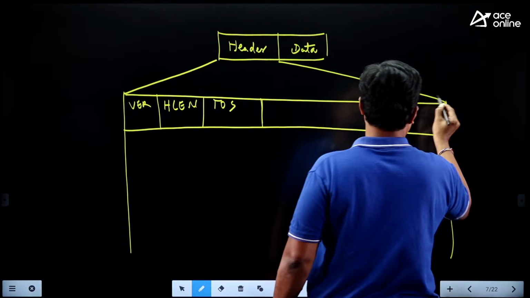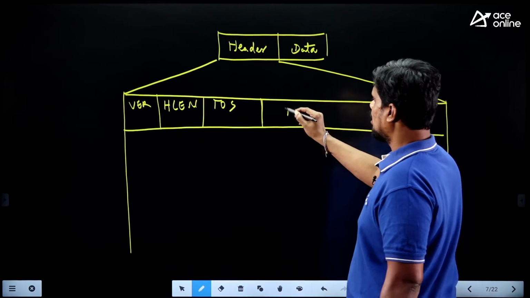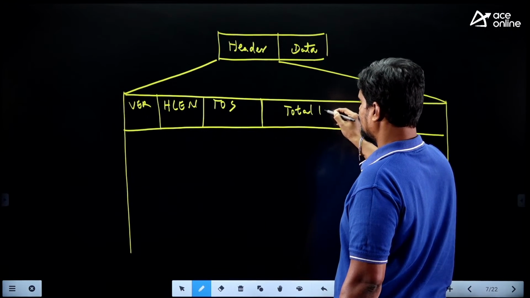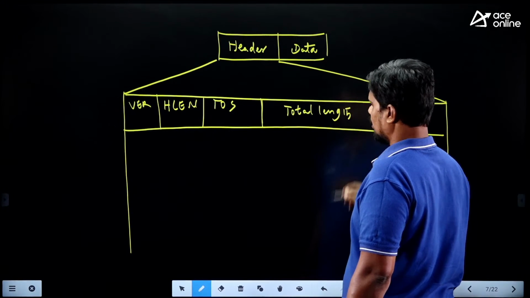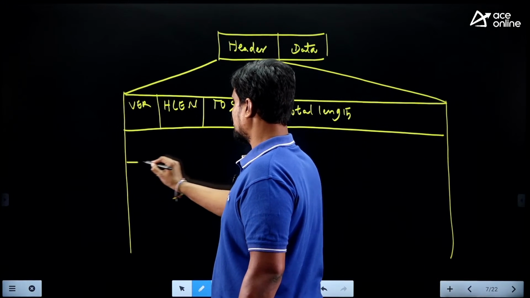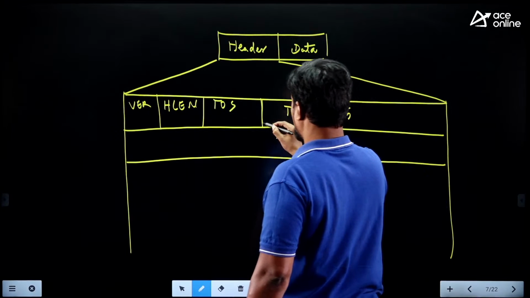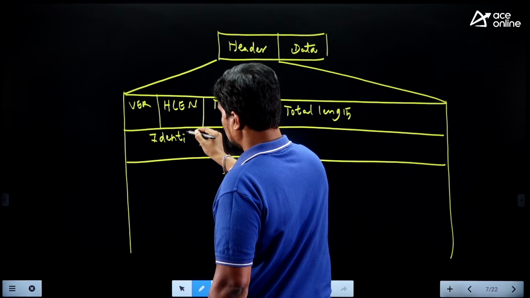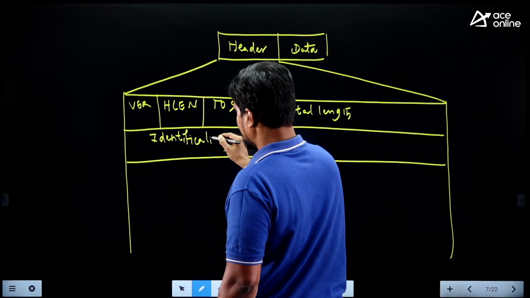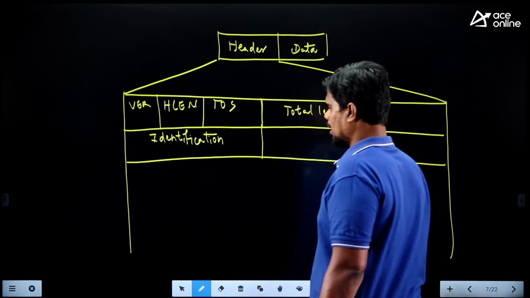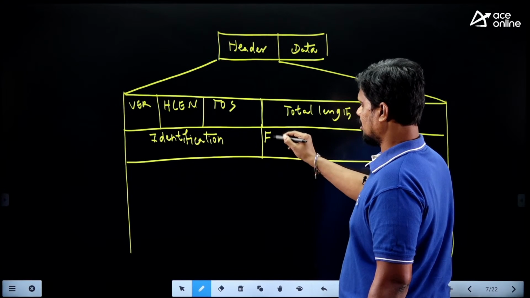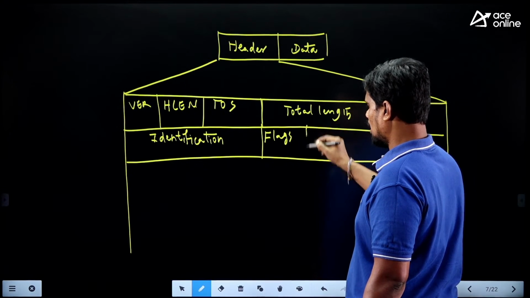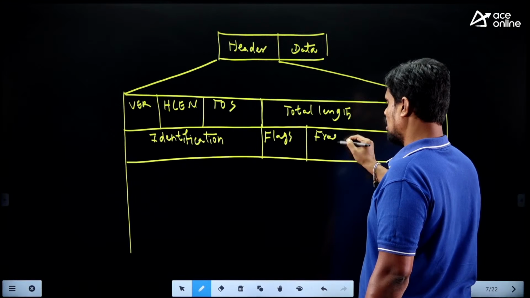These are all fields that are part of our header, and this is your total length. In the second row, we have the identification field, then the flag section, and then the fragmentation offset.